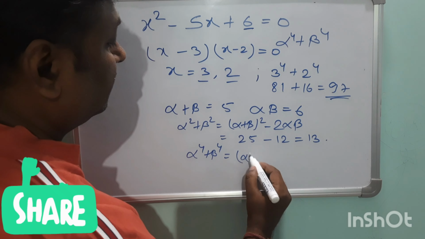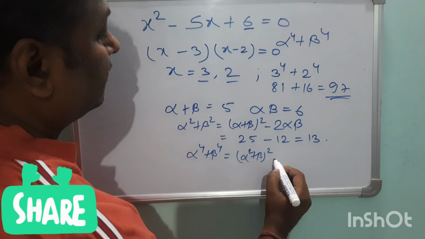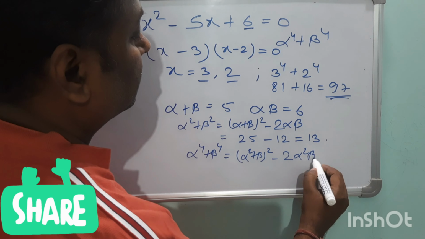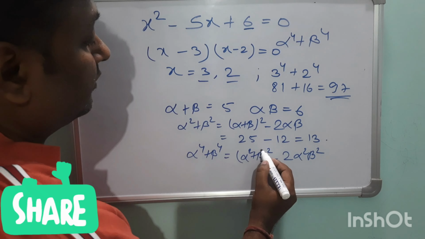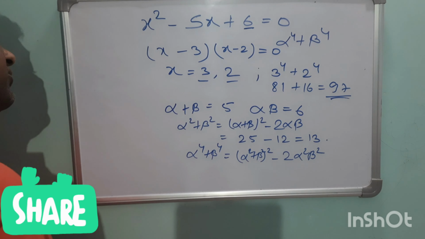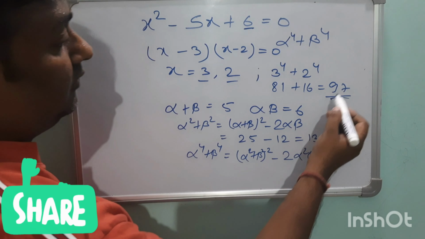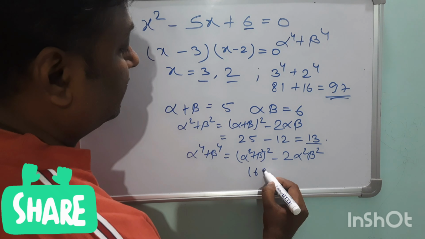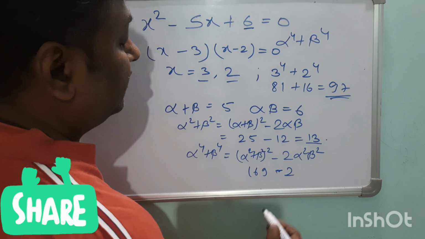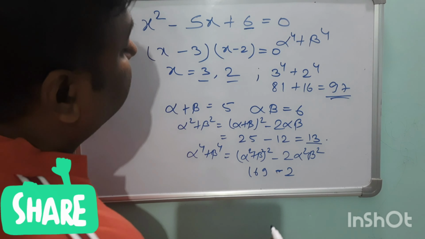Do this operation again. Sorry, here I missed it. Alpha square plus beta square. So what should it be? 169 minus 2 into alpha into beta.